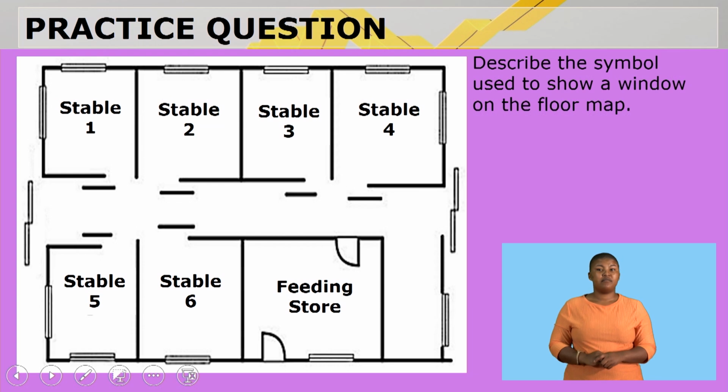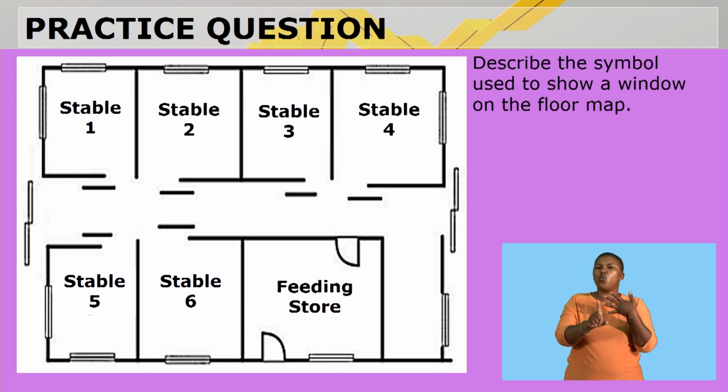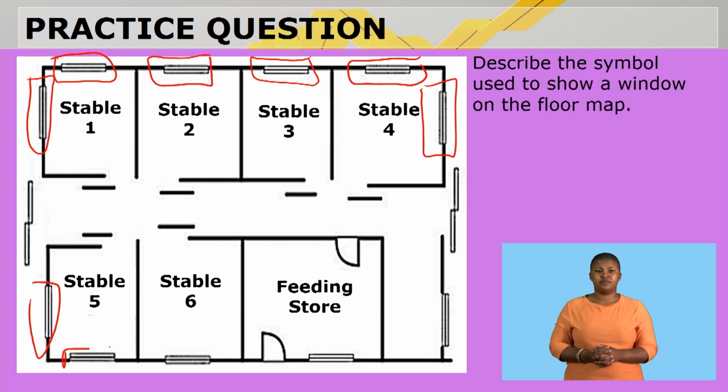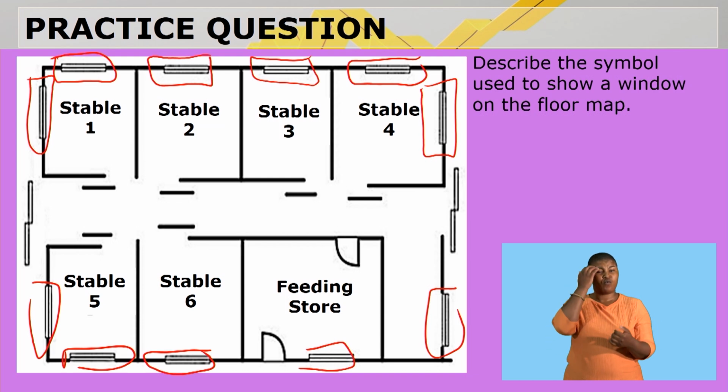Now, describe the symbol used to show a window on the floor map. Now, windows will look like that. Anyways, how many windows are there? 1, 2, 3, 4, 5, 6, 7, 8, 9, 10, 11. So we know the symbol of the windows appears 11 times. There's 11 windows.